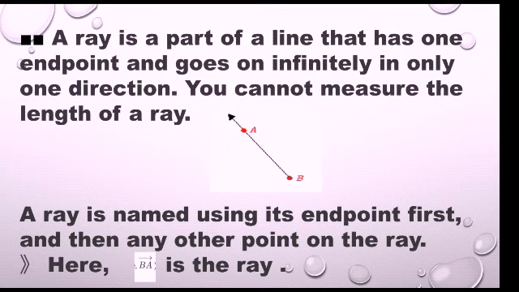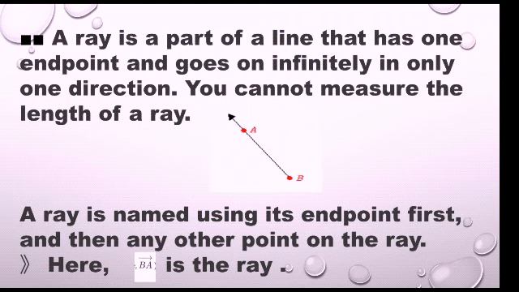Now what is a ray? A ray is a part of a line that has one endpoint and goes on infinitely in only one direction. So we cannot measure the length of a ray. A ray has no definite length. Here see how a ray is represented by giving one arrow. One arrow indicates that towards A we can extend the ray.